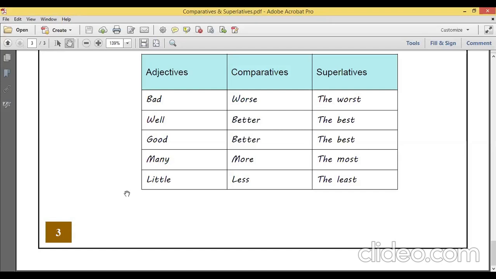I think I have uploaded a digitalized version of the activity book, but I will upload it again as a PDF file so you can check it and do the exercises. Okay?